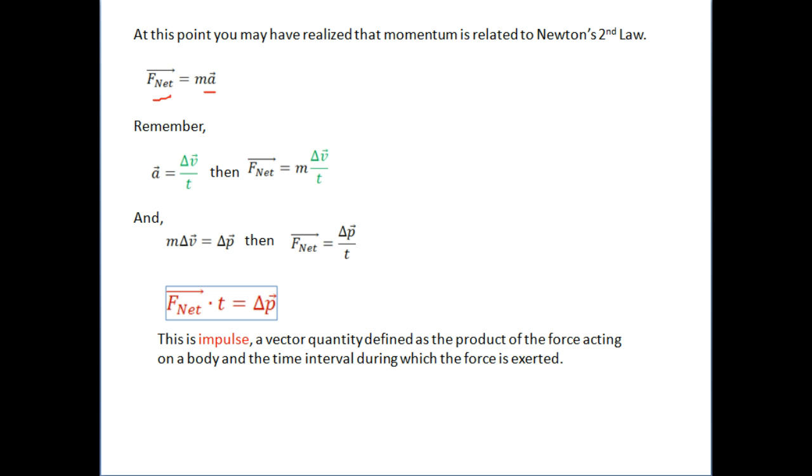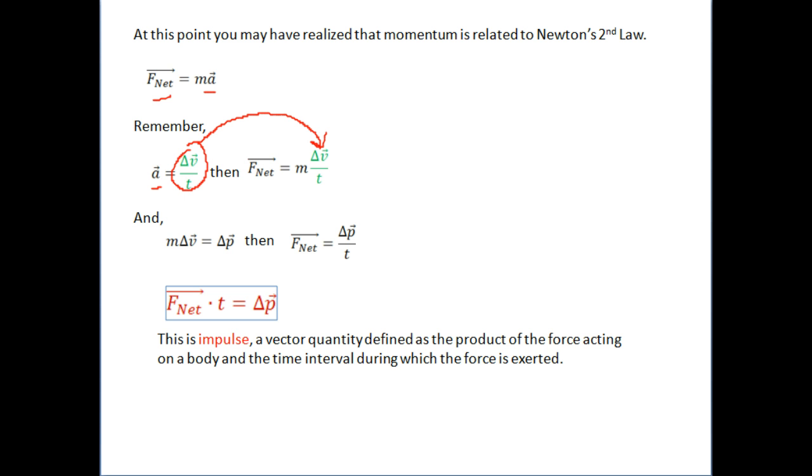Now, also remember that acceleration from the first part of the year we looked at was change in velocity over change in time. We could then change our first equation, force net, mass times acceleration, or if acceleration is change in velocity over change in time, we could rewrite it this way. So with mass times change in velocity over time.